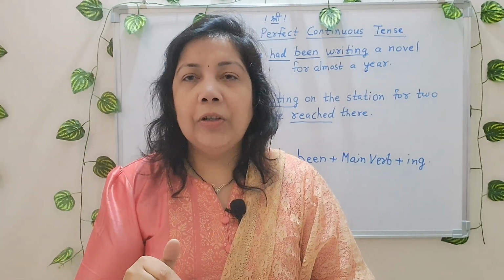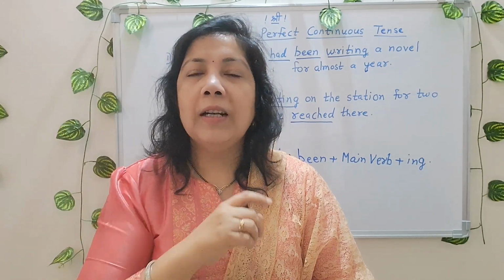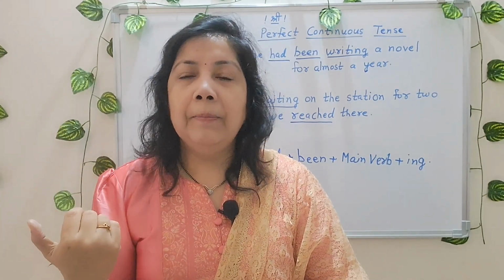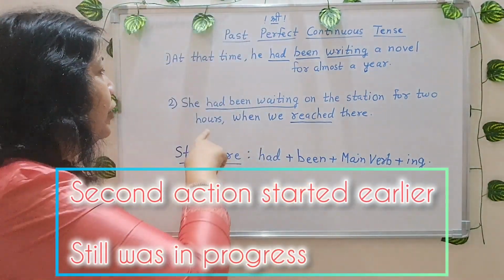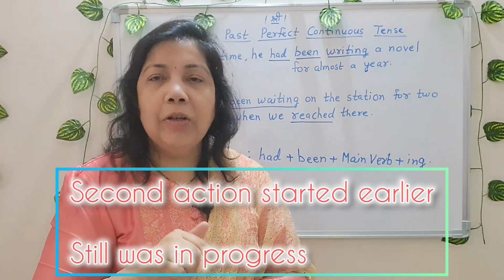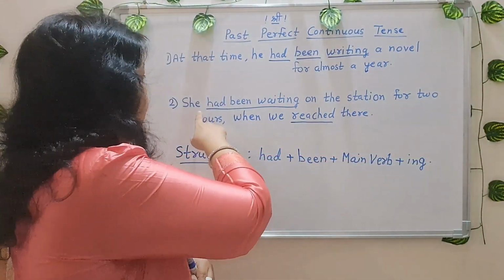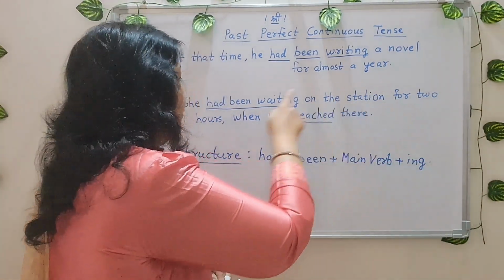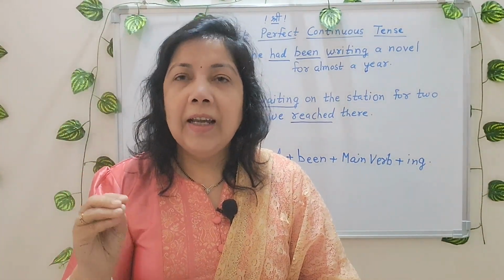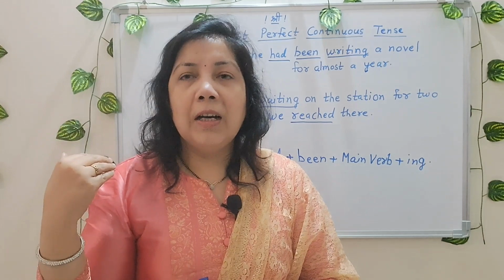But before that action, the other action was taking place before that for a longer period. Okay. Which is the second action which had been taking place, which had already started before the action which is over? This action. She had been waiting on the station for 2 hours. The action had started in the past before 2 hours.